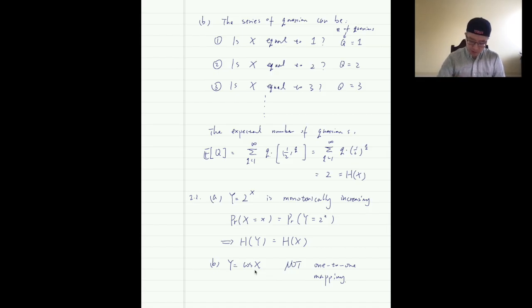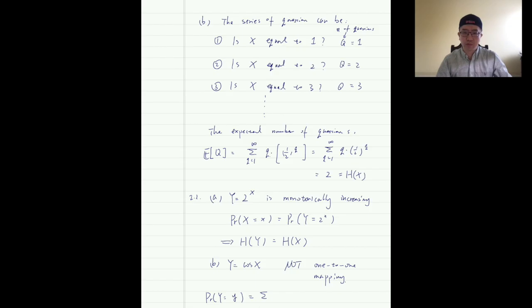So in this case, we want to consider the probability that y equals small y, and represent that with the probability of x, and see whether we can compare between the probability of y and the probability of x, right? So maybe if we denote, let's do that. Okay, then this equals, because it's not a one-to-one mapping, it means that for multiple x, we could have the same y, right?